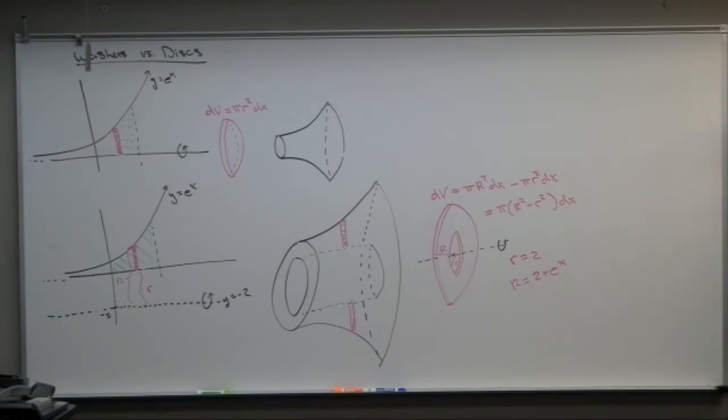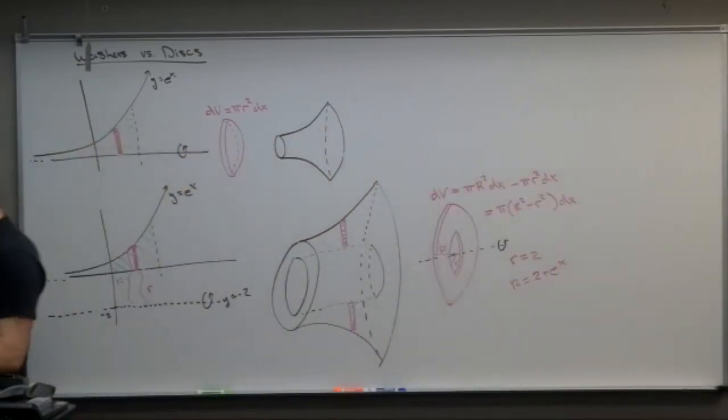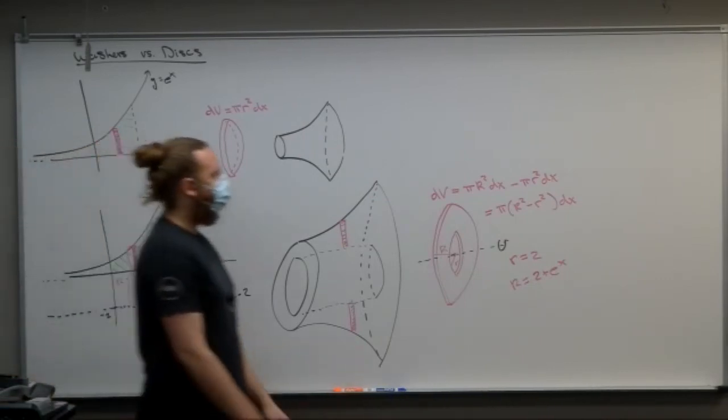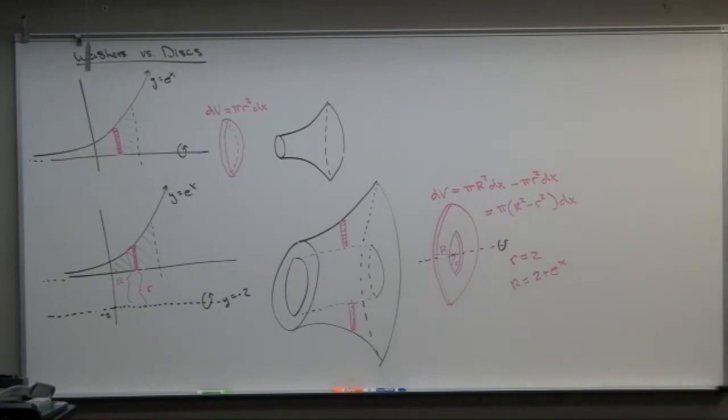So these are your boundary curves, right? These are the things that determine your region. And then this is your axis of rotation. So I'm going to sketch my boundary curves, try to identify the region, and sketch the axis of rotation.